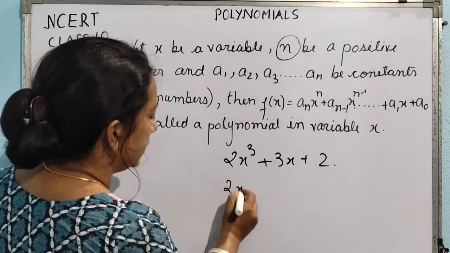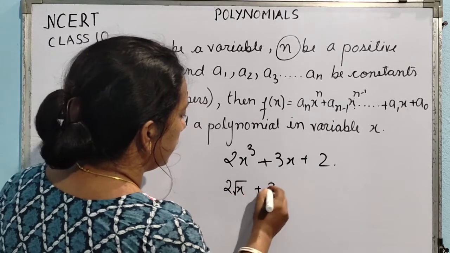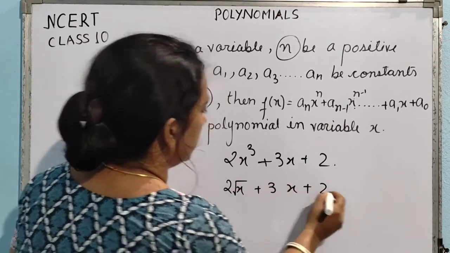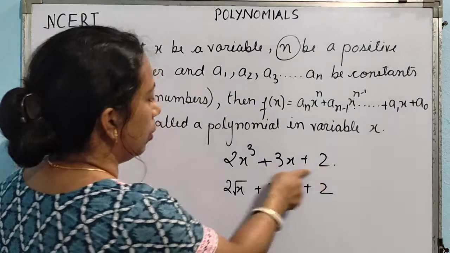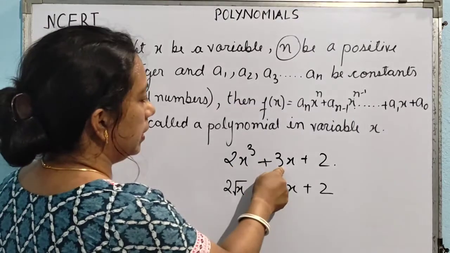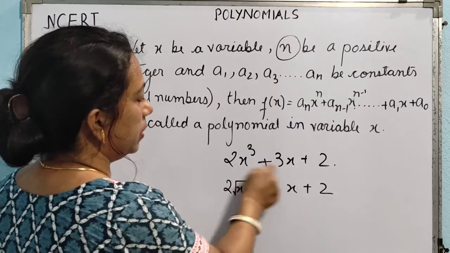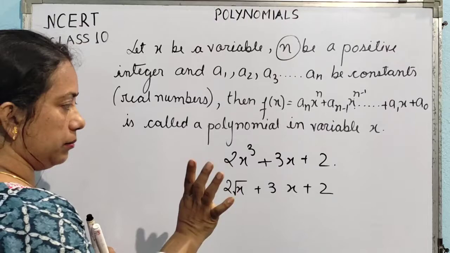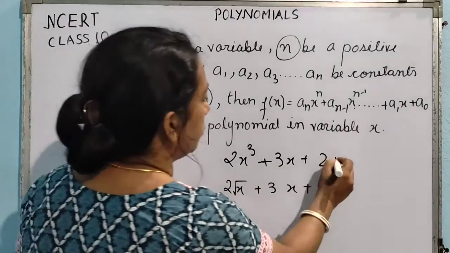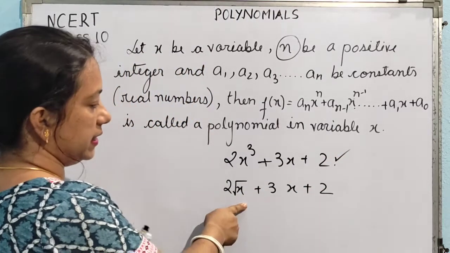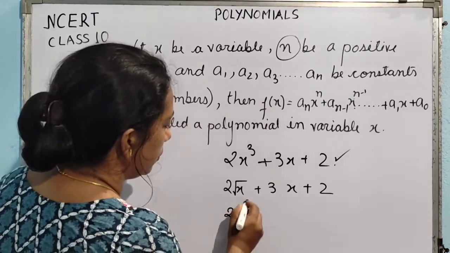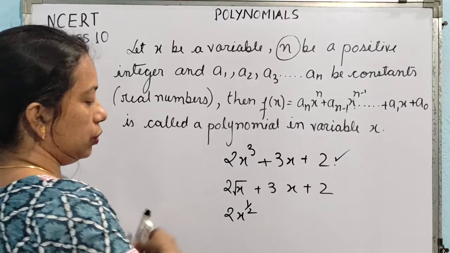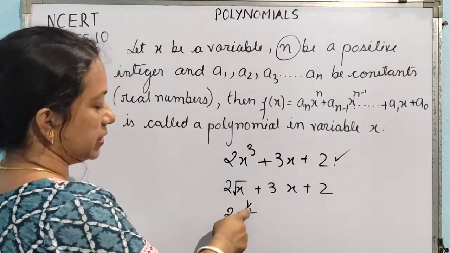Now if I write it like this, will it be a polynomial? No. Here in the earlier one, all powers were integers and the coefficients of the variable were all real numbers, so that's why we can say that this is a polynomial. But in this case, the power of x is 1 by 2, and you cannot have fractions as the power.